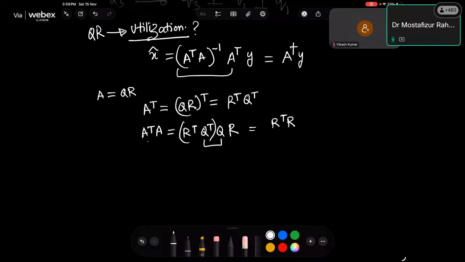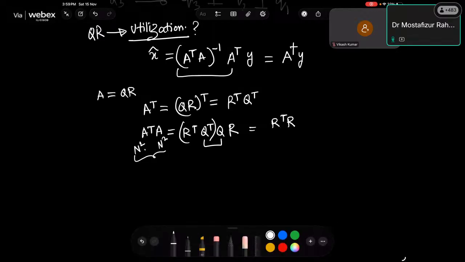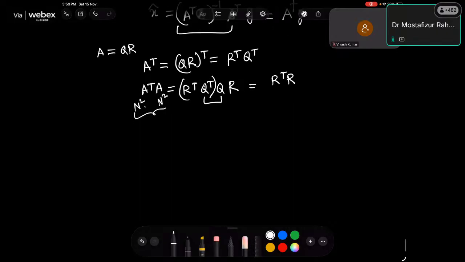So A transpose A, how many elements are there? There are n square elements in A. How many operations do you do for A transpose A? n to the power 3, right? You already minimized half of the elements in R, so almost half of the operations you already reduced for R transpose and R. So altogether the operation reduced very efficiently from A transpose A to R transpose R, right?